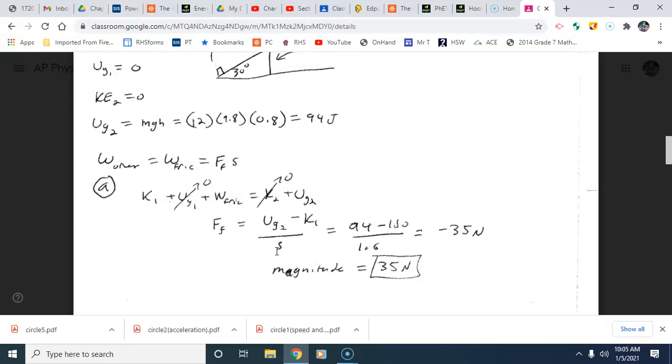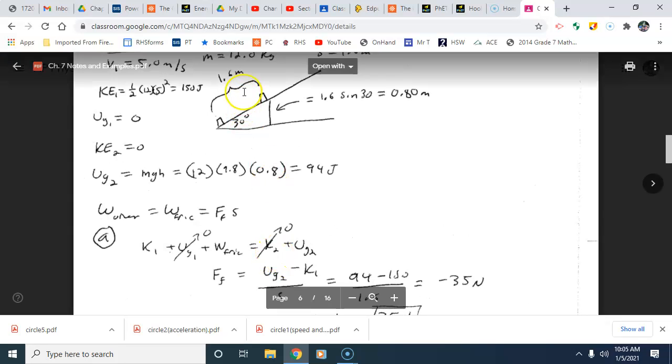Friction doesn't act along this axis, does it? No, friction acts directly along the incline that we're moving on. Make sense? So for that displacement S, make sure we use 1.6. Just keep track of what you're doing and make sure you're thinking and not just plugging in numbers. Does that make sense to everybody? Any questions on that?